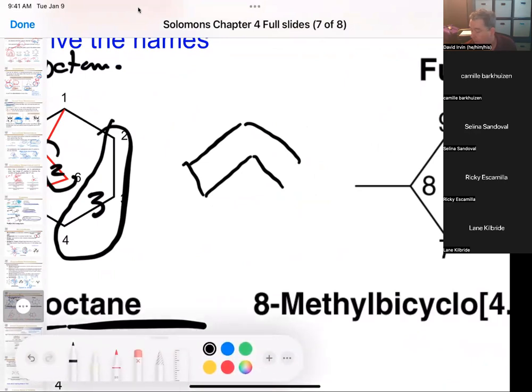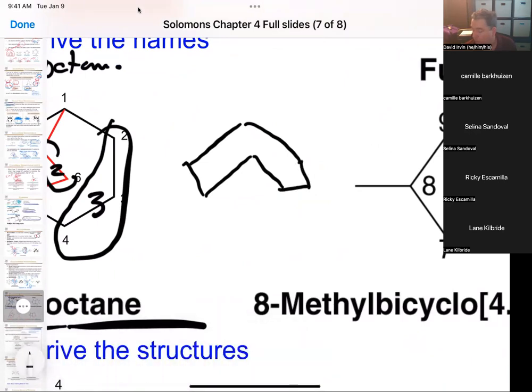There are 3 carbons in this one, and 1 here. So we have 1, 2, 3 on this side, 1, 2 on this side, and 1 on this side. This is another representation of the exact same compound. It's just another way of looking at it.